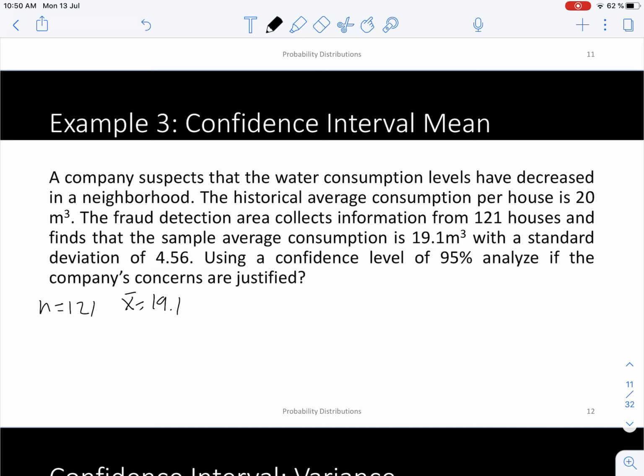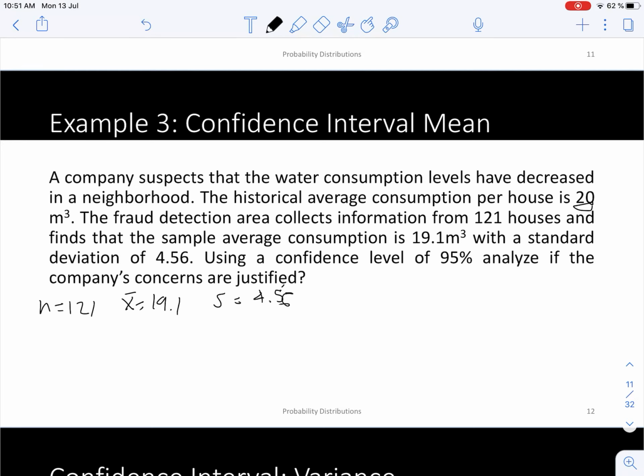The historical value is like a parameter, right? It's 20. We want to check whether the sample information is aligned with the historical consumption. We know that the standard deviation of the sample is 4.56. So using a confidence level of 95%, analyze if the company's concerns are justified.